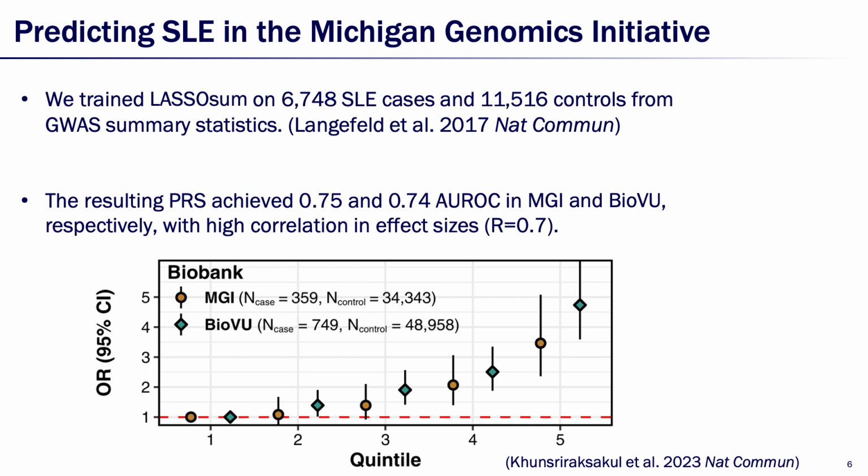We trained an approach called lasso sum on around 7,000 cases and associated controls, achieving an area under the receiver operator curve of 0.75 and 0.74 on MGI and BioVU, which is another biobank from Vanderbilt.